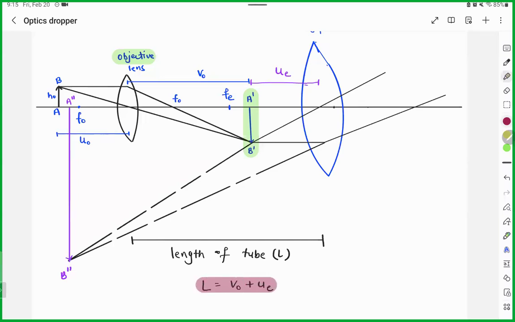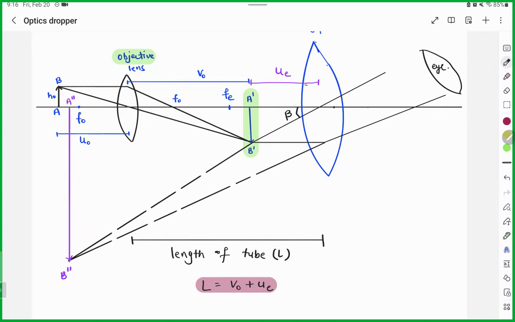Then, whatever image is formed, you can calculate here by using the beta angle, because you are using equipment to see the bigger image. And here you will have your eye, so in the eye you can see all the radiation.